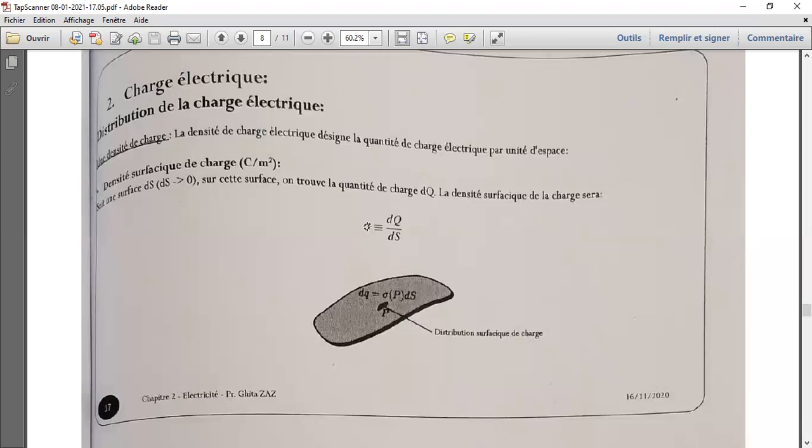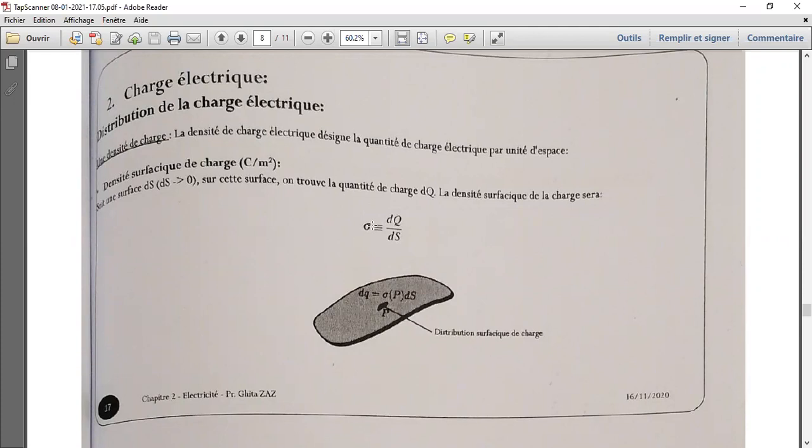Sigma and omega are a bit similar and I usually confuse them, but you should know that this is sigma. Sigma is equal to dq divided by ds.